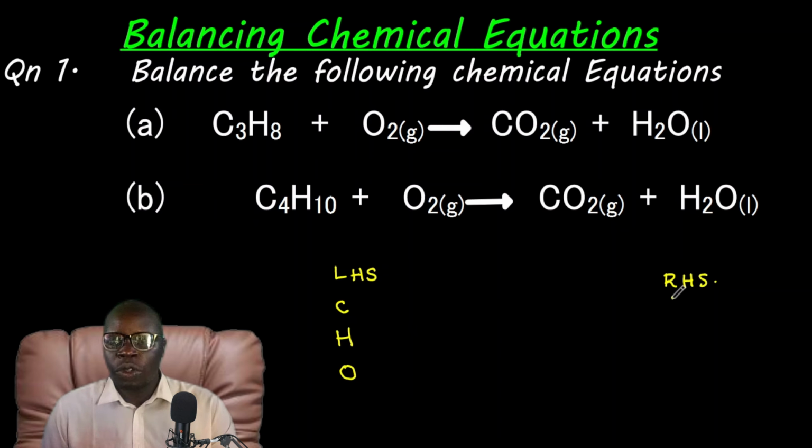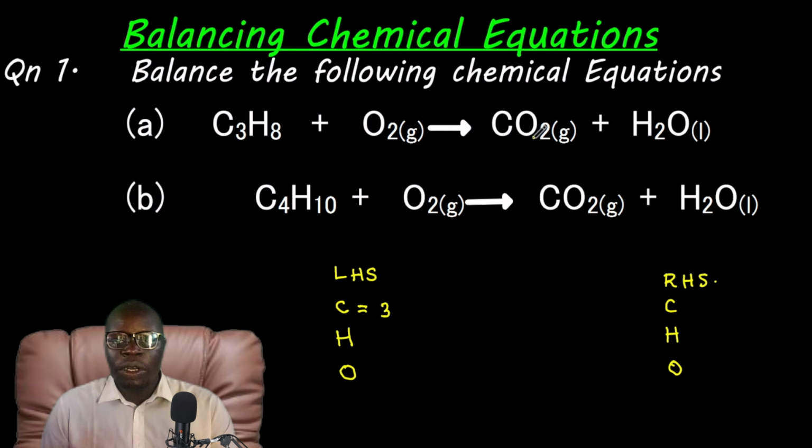So let's also go to the right hand side, which is the product side, and we also identify our elements here. We first also have carbon, and we move on to oxygen, but because we started here with hydrogen, let's have them corresponding. So let's also bring hydrogen here, and we go on to oxygen. Now let's look at the total number of atoms in each of these cases. From the left hand side, there are 3 atoms of carbon.